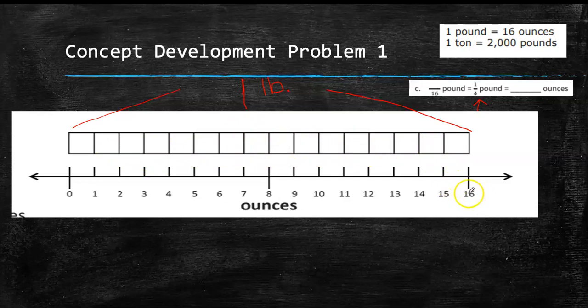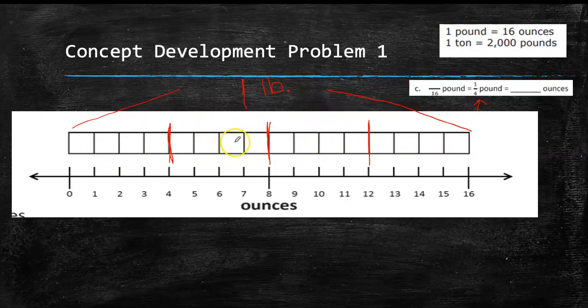Looking at 16, I know I only need 4 pieces. I know that 4 times 4 is 16, so I know I need to divide it here. 1, 2, 3, 4. Here. 1, 2, 3, 4, and here. So now I have 1 piece here, 1 piece here, 1 piece here, and 1 piece here.